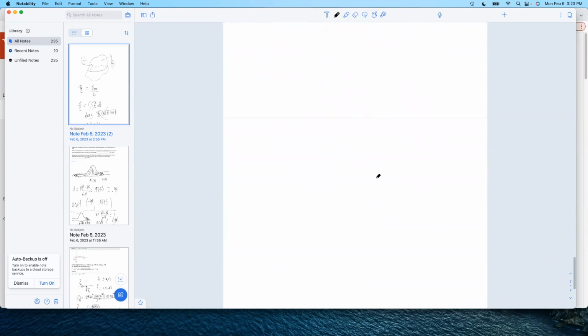Let's do another one. Let's do a line of charge, of charge density sigma. No, let's go lambda.